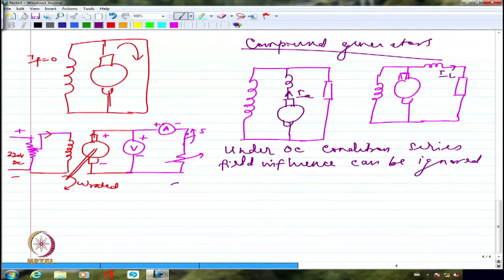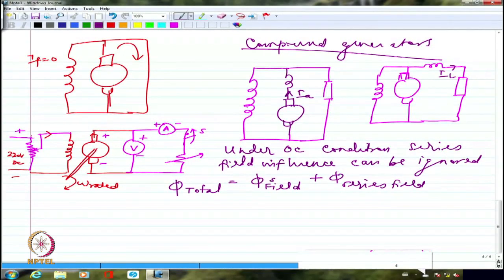So phi total equals phi of the shunt field plus phi of the series field. Then, as the load increases, I'm going to have more and more flux coming up.